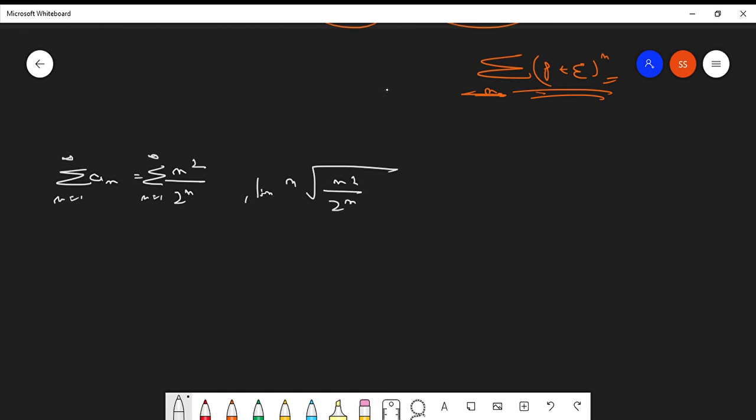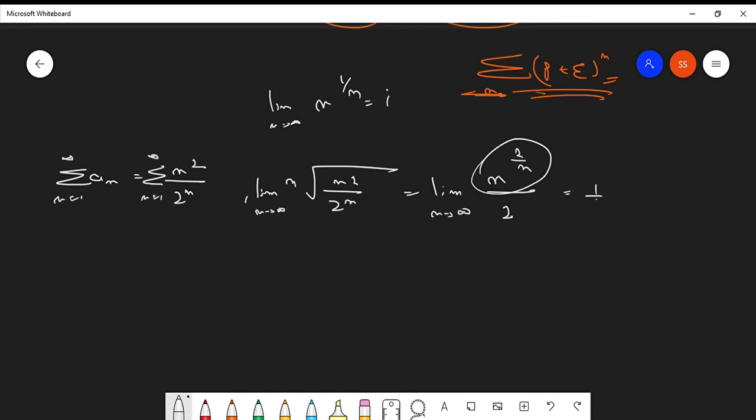This equals the limit of n to the power 2 by n over 2, and n to the power 1 by n tends to 1, this you already know, so this will also tend to 1. And so this is basically 1 by 2, which is less than 1.